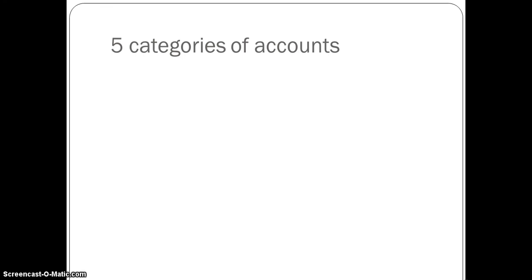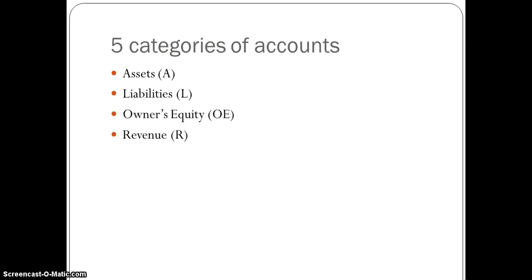So just recapping, this is a bit of revision, the 5 categories of accounts. So we have assets, liabilities, owner's equity, revenue, and expense. By now you should know the definitions of all these, and I'm going to introduce you to the posting rules relating to these accounts.